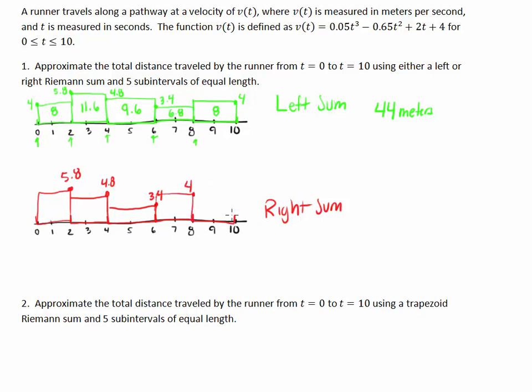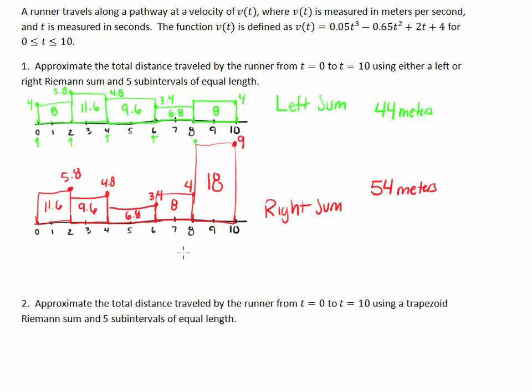And then finally for 10, when we plug in 10, we get a value of 9. It's probably a little exaggerated, but that's okay. So let's see our totals here. We have 11.6, 9.6, 6.8, 8, and 18 for a grand total of 54 meters. So if we did a left sum, we'd come up with 44 meters. If we did a right sum, we'd come up with 54 meters.